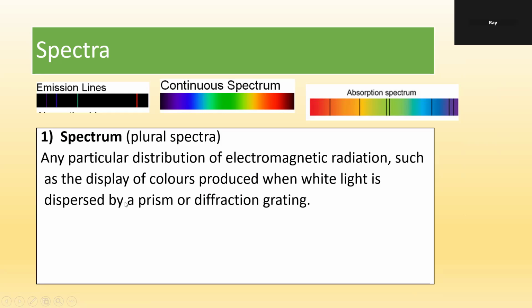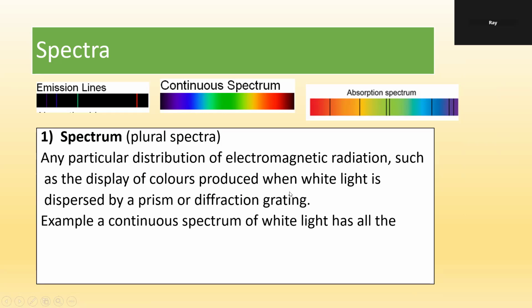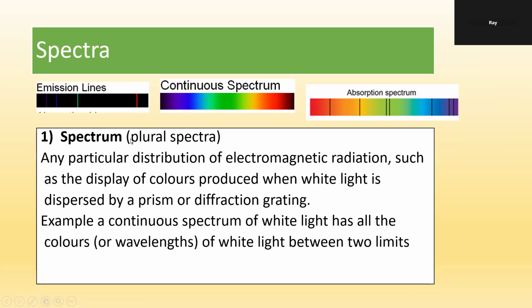Example, the continuous spectrum of white light has all the colors or wavelengths of white light between two limits, 4 × 10^-7 m (violet) to 7 × 10^-7 m (red).